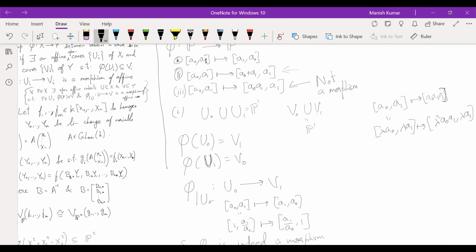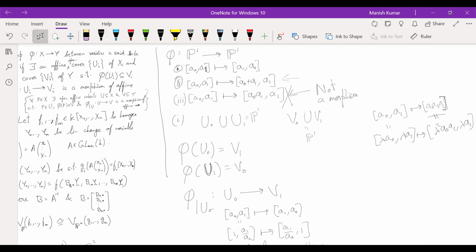Of course, these two points are not the same, because they are not scalar multiples of each other. So this map is not even well defined.